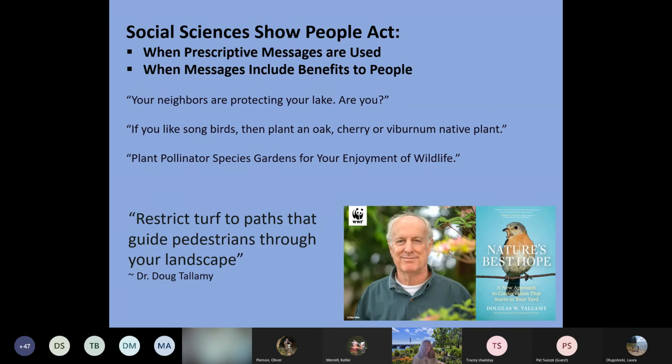He says, restrict turf to paths that guide pedestrians through your landscape. So it's an action-oriented statement, and he has earned a lot of followers with his science, and the main message is to minimize your lawn.